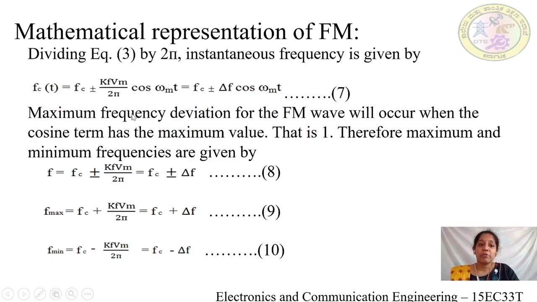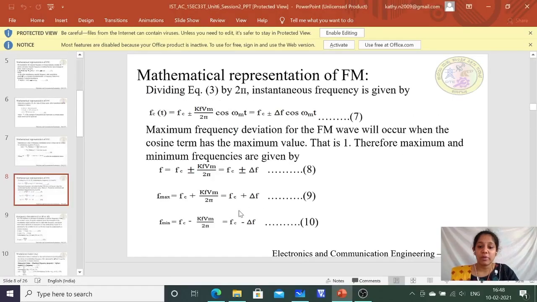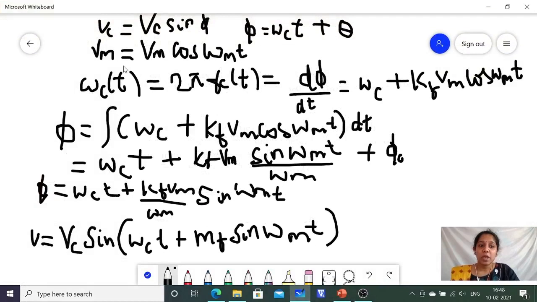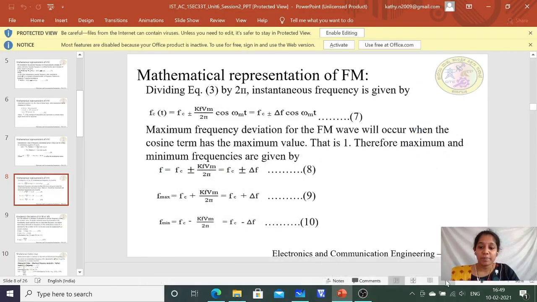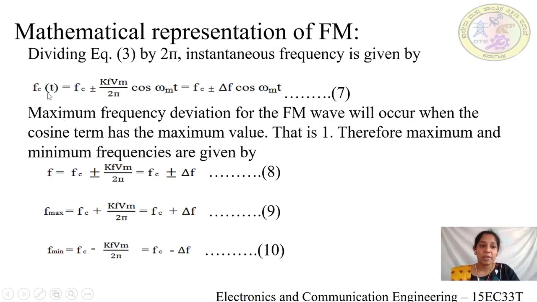Next, we have the equation 2 pi fc of t is equal to omega c plus kf Vm into cos omega m into t. If we divide this equation by 2 pi, we get fc of t is equal to fc plus or minus kf Vm by 2 pi into cos omega m into t, where kf Vm by 2 pi can be considered as delta f, that is the frequency deviation.